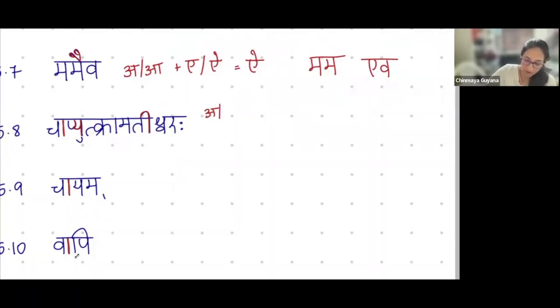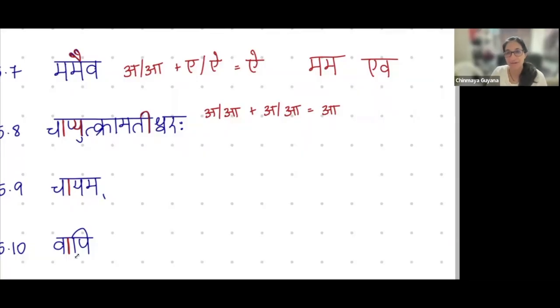A or ā plus a or ā equals ā. I'm going slowly because some people are still struggling. And I'm also going slowly so that it fully digests. Because once we move on from this, you're just expected to know it for the rest of your life.